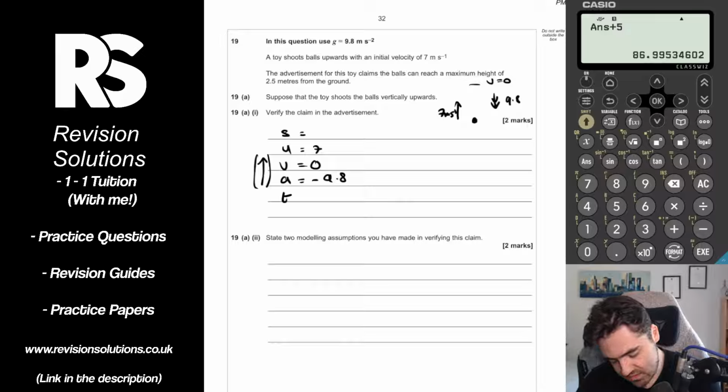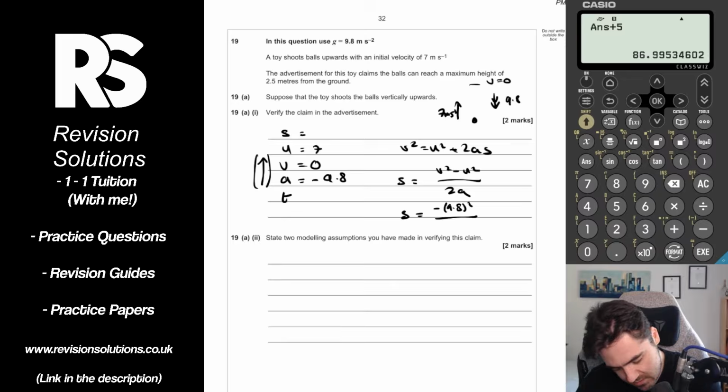An equation without t would be v squared equals u squared plus 2as. So s is going to be v squared minus u squared all over 2a, which would be minus 7 squared over 2 times minus 9.8.